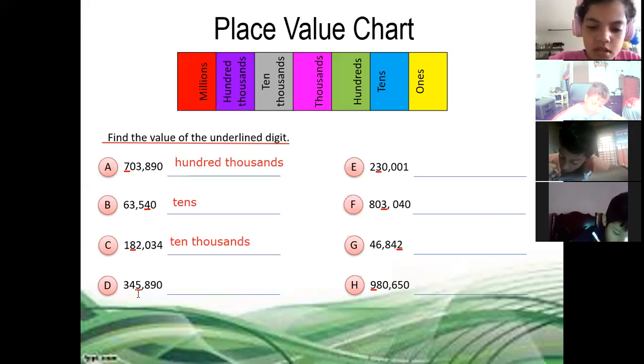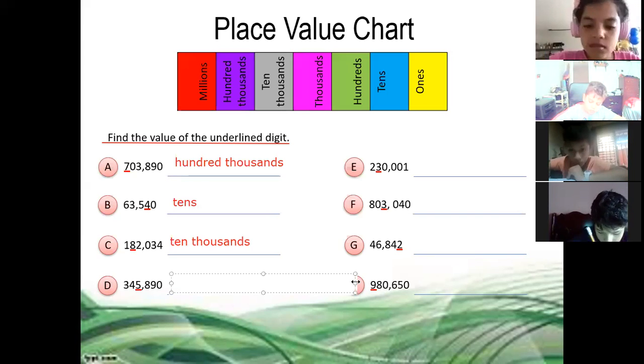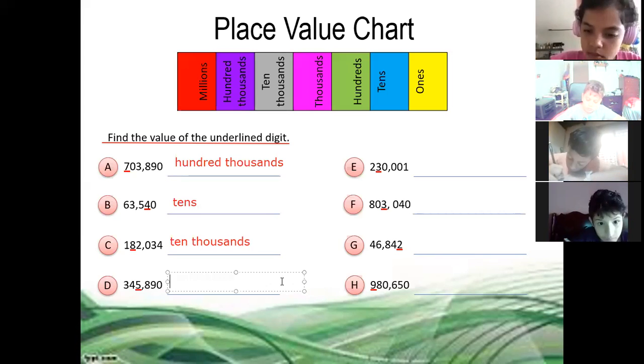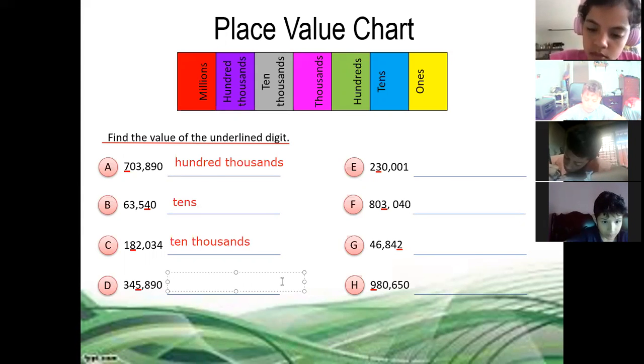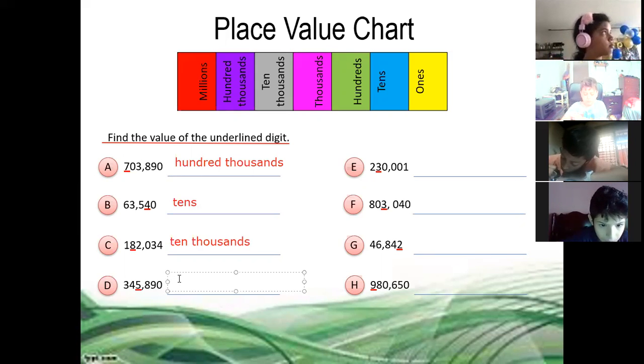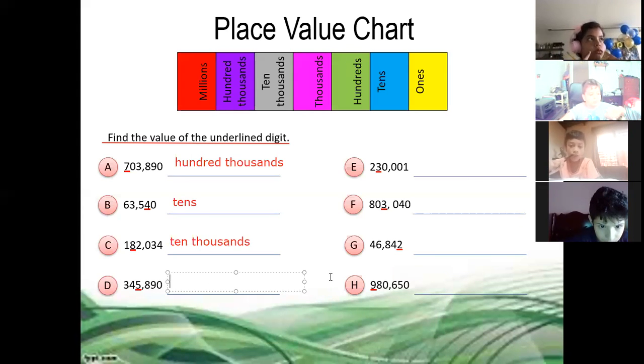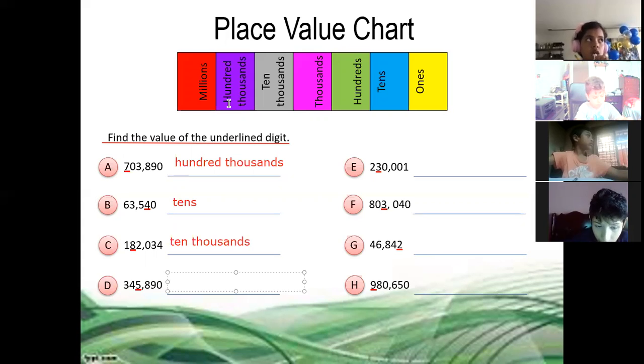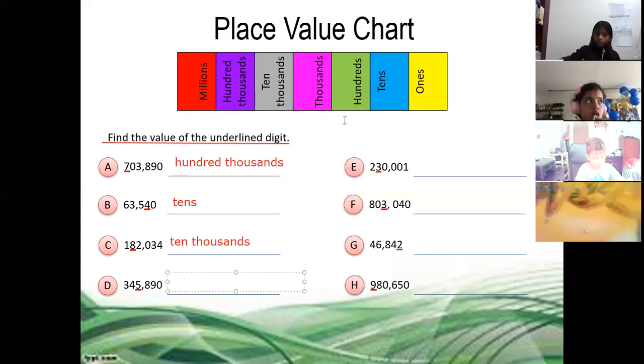Sebastian, what is the value of the number 5? Exercise D. 100,000? How 100,000? You have to count. 100 is in the third position.